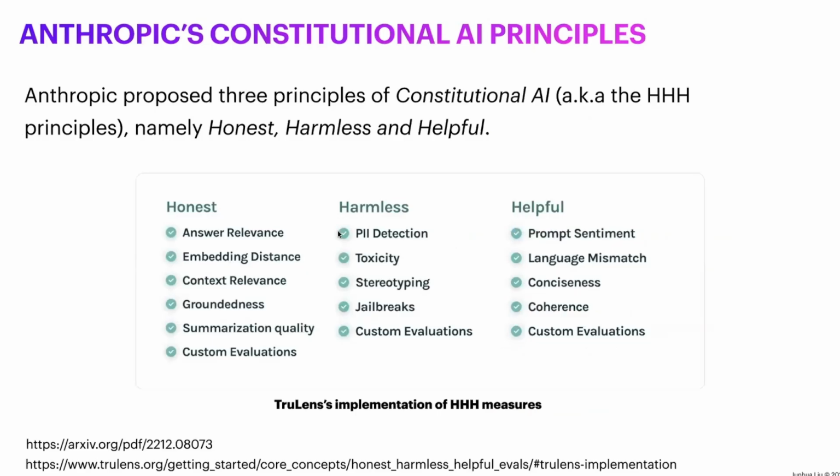Okay, so this is the second system. The last system, which is getting more and more attention, especially from the policy making and government side, is Anthropic's constitutional AI principles. So this constitutional AI essentially measures these HHH principles, which stands for honest, harmless, and helpful.